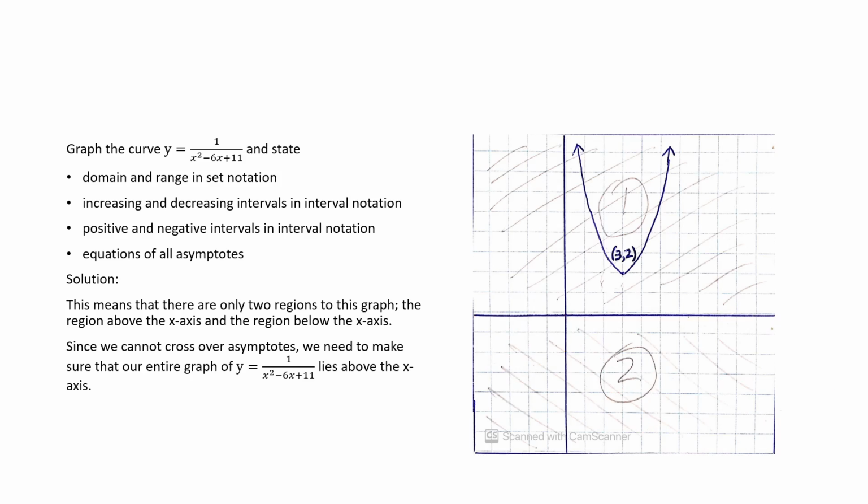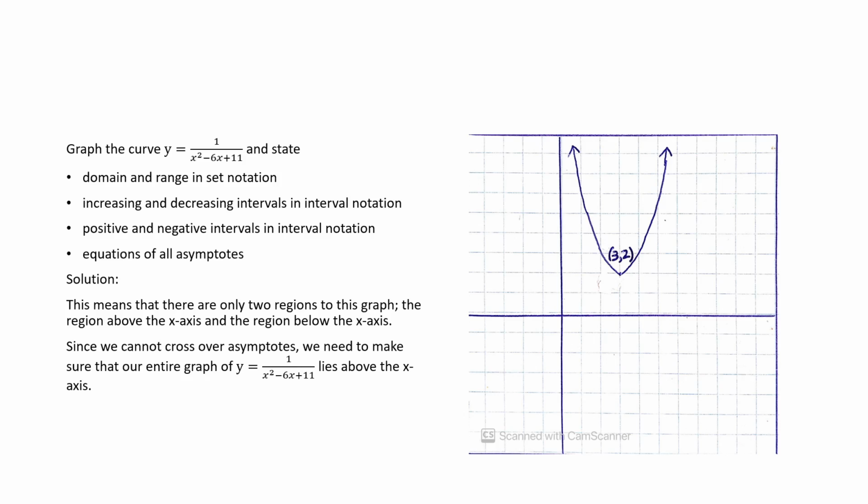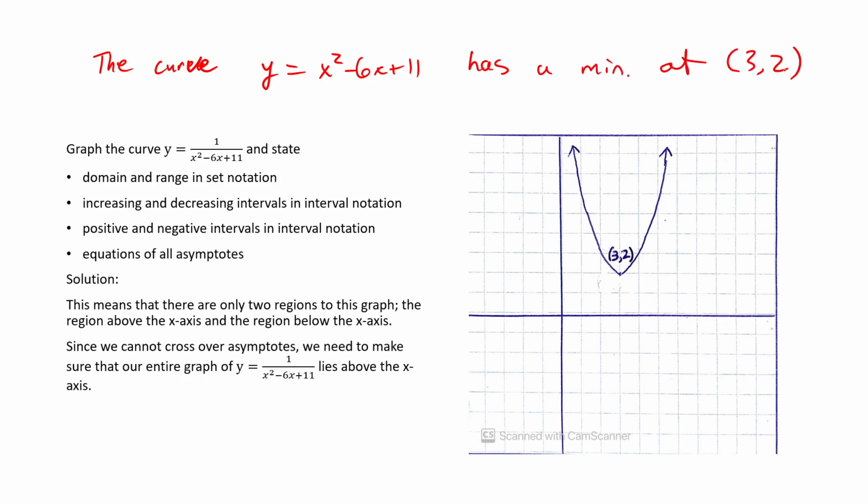Okay, now one more thing we're going to do is recall this sentence. The curve y equals x squared minus 6x plus 11 has a minimum at (3, 2).